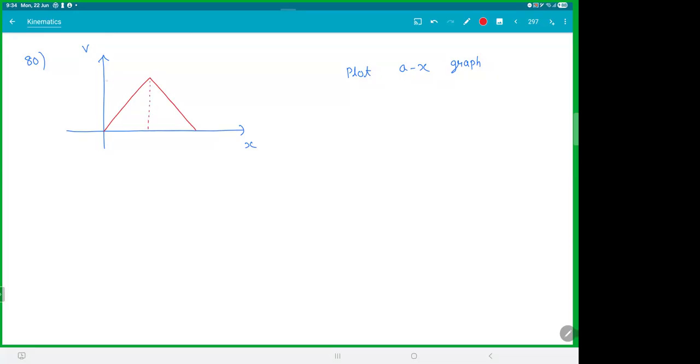A symmetrical graph. You can take x naught and 2x naught, and this is V naught. How will an Ax graph look like?